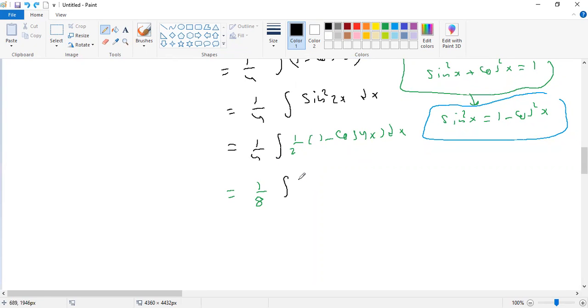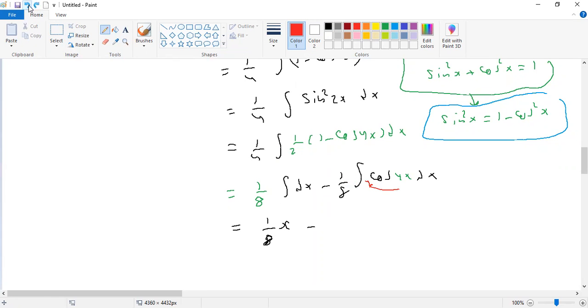The first one is dx, minus 1 over 8 integral of cosine 4x dx. Now, equal to the first one, 1 over 8 x, minus the integral of cosine, but we need 4, so you have to multiply by 4 and divide by 4.